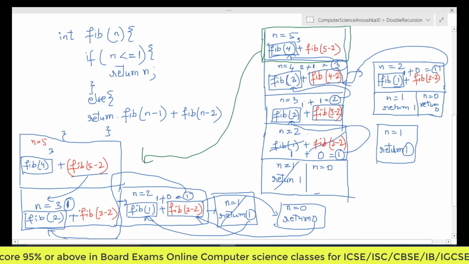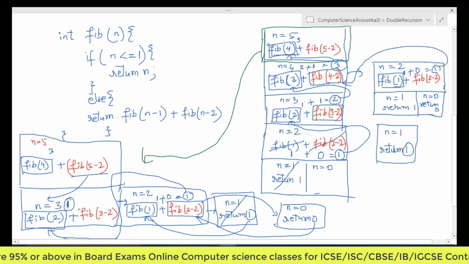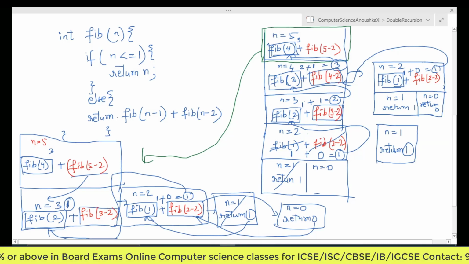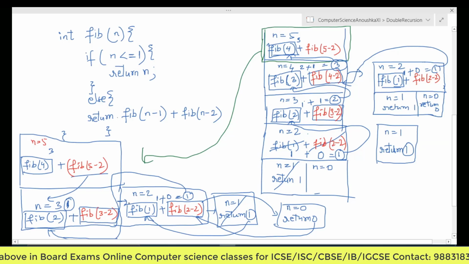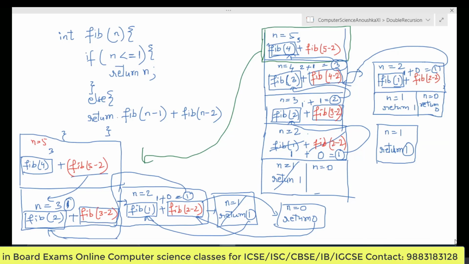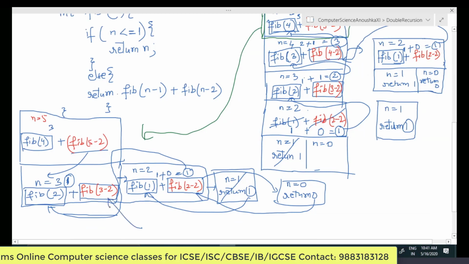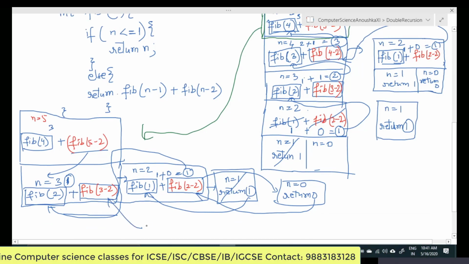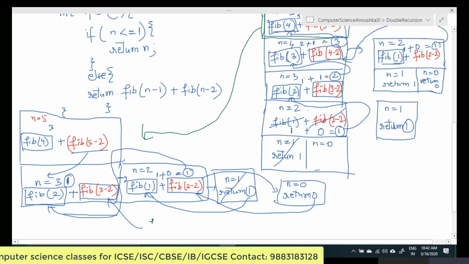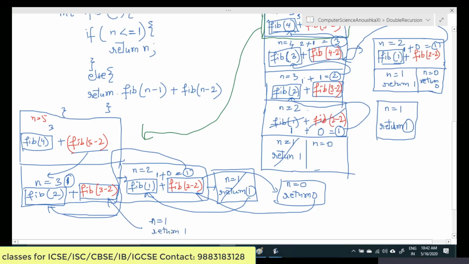Okay. Now this part will execute fib 3 minus 2, right? Let's make it a little lower. So this part will run, and here the answer will come for n equal to 1. So it will return 1. Right?